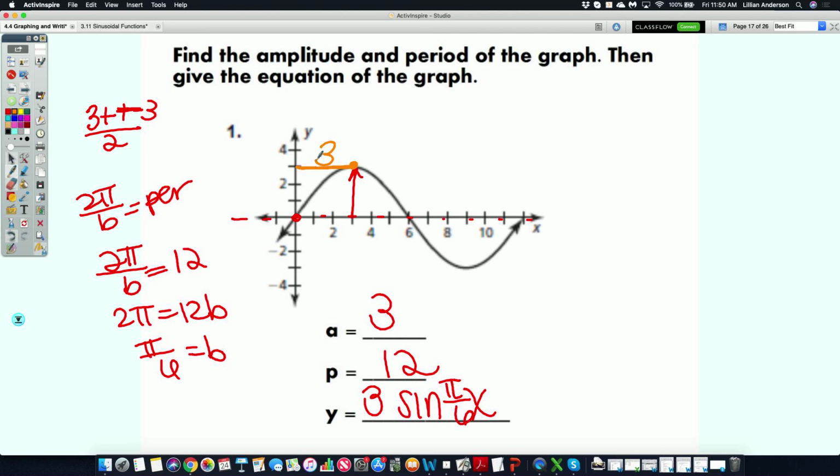So you could have written the cosine function here, and it would have been 3 cosine pi over 6 x minus 3. And then that would have been your cosine function. So whatever that horizontal distance is to reach your maximum point, that is your phase shift. But the A, the B, and the D all stayed the same. Okay?